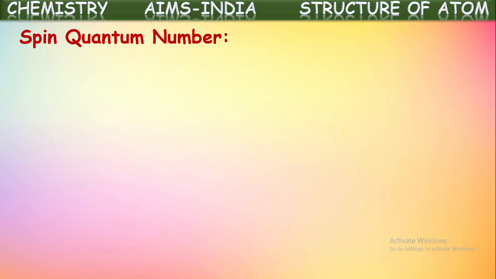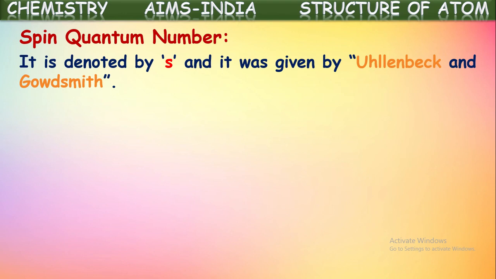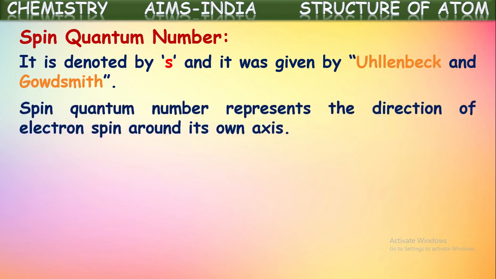Next one, spin quantum number. It was proposed by Uhlenbeck and Goudsmit and it is denoted by the symbol small s. Spin quantum number represents the direction of electron spin around its own axis. The principal quantum number indicates the shell in which the electron is revolving around the nucleus.